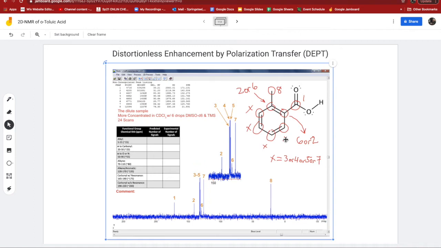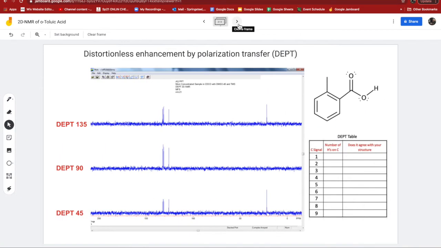So let's move over to that DEPT spectrum. So we are missing signals 1 and 2. And what we have here is signal 3. I'm going to zoom in on it. Oh, it changed colors on me when I zoomed in.